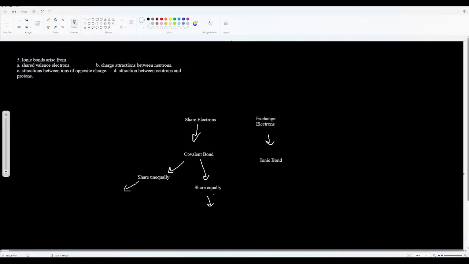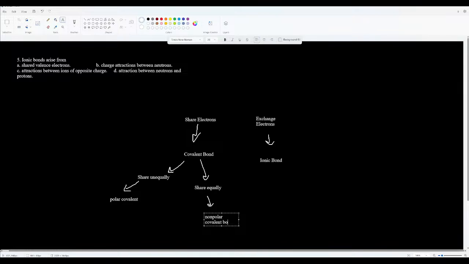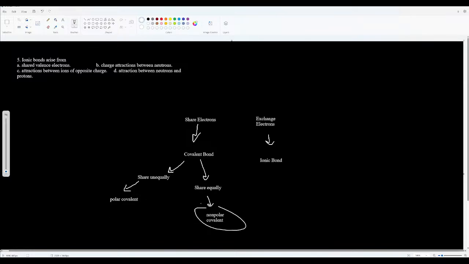When we share them unequally, this is known as a polar covalent bond. And when we share them equally, these are known as non-polar covalent bonds. So yeah, these are your three types, right? Polar covalent, non-polar covalent, and ionic.